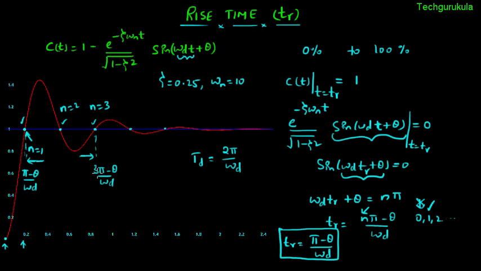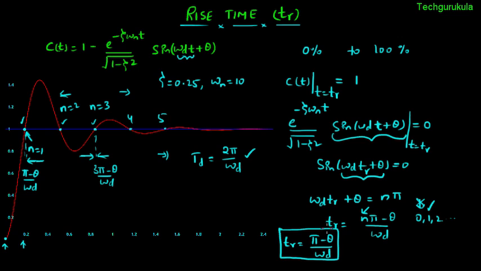If you subtract pi minus theta by omega d from 3 pi minus theta by omega d, we get 2 pi by omega d, which represents the damped oscillation time period. Similarly, the time period from 3 to 5 will be exactly the same as from 1 to 3. And if we find another one from 2 to 4, it will be exactly the same.